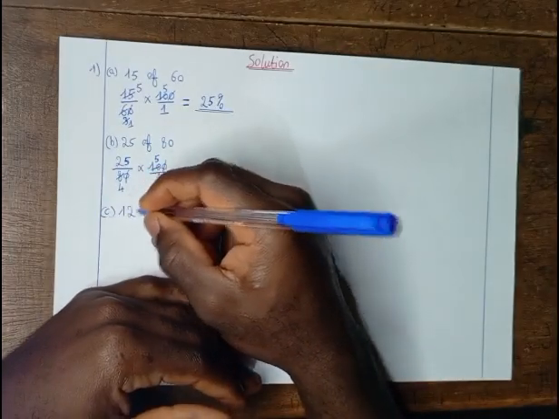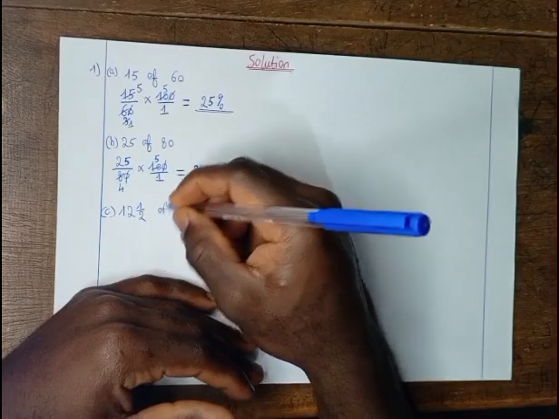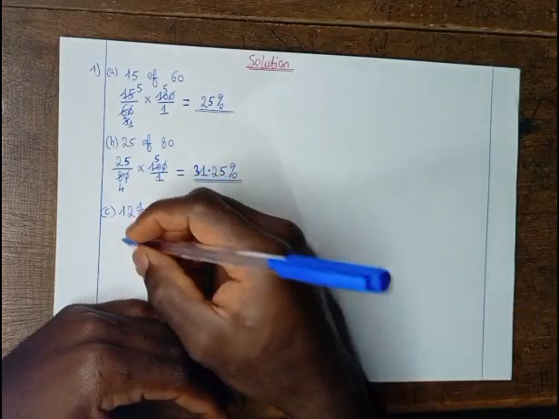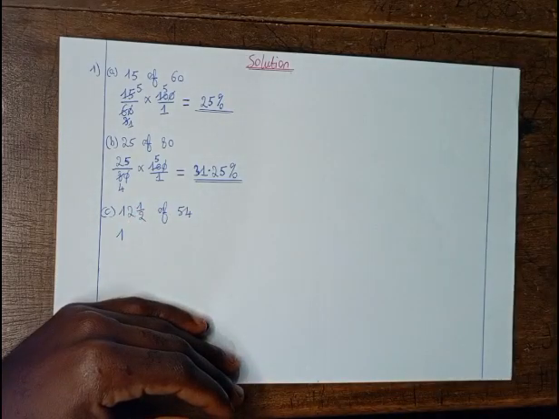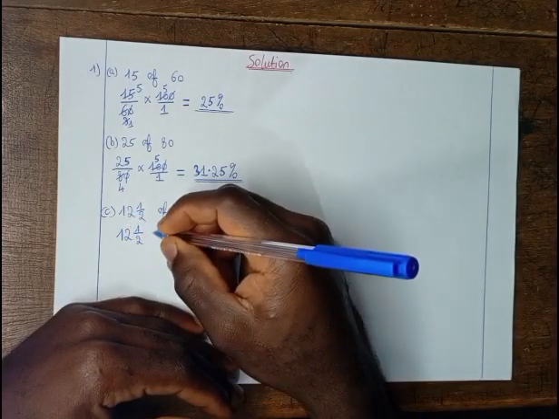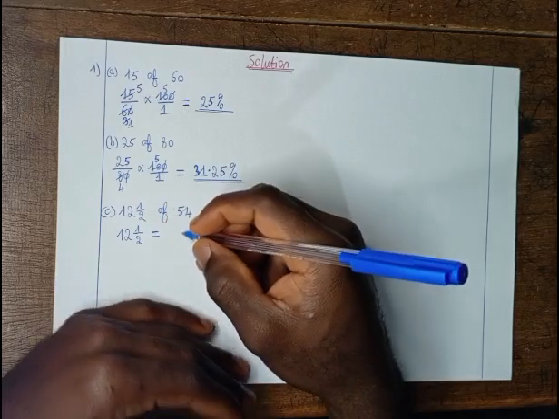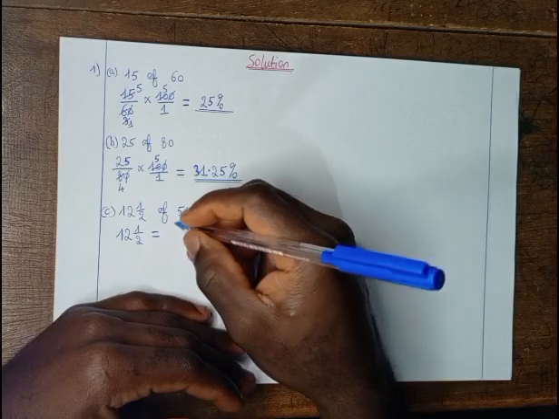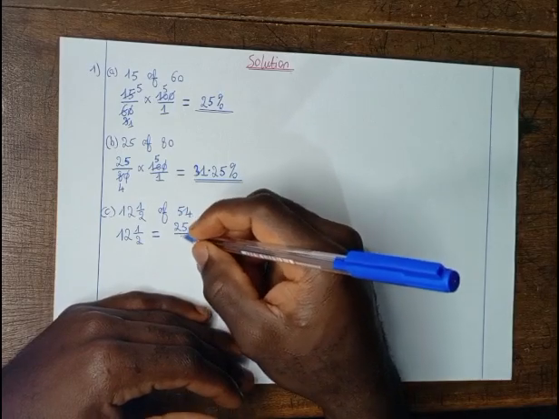We have 12 and a half of 54. First thing, we need to express the mixed fraction 12 and a half as an improper fraction. 2 times 12 gives us 24. 24 plus 1 gives us 25 all over 2.